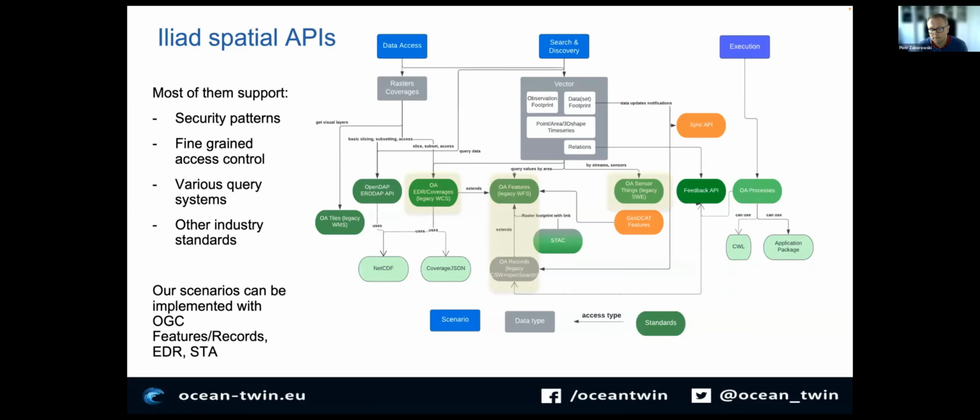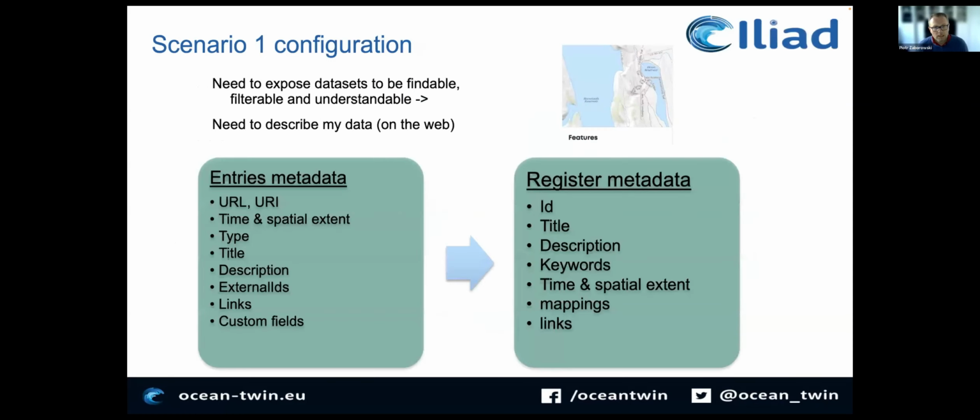We have also some in progress, which were invented and initiated within the project itself, like the synchronization API. And most of them are modern, so they are supporting this model approach. They support the security patterns, I will not go deep into security. Therefore, fine-grained access control is supported, while not actually needed so much in this project, at least from what I know. So go to the first scenario.